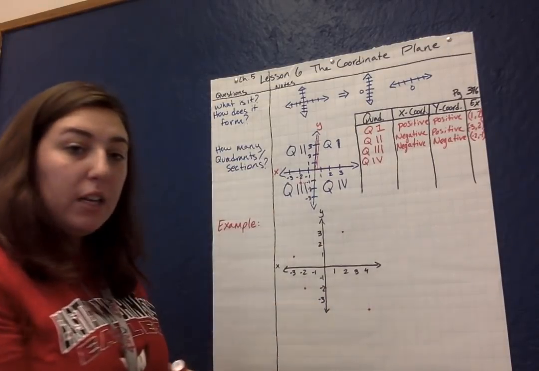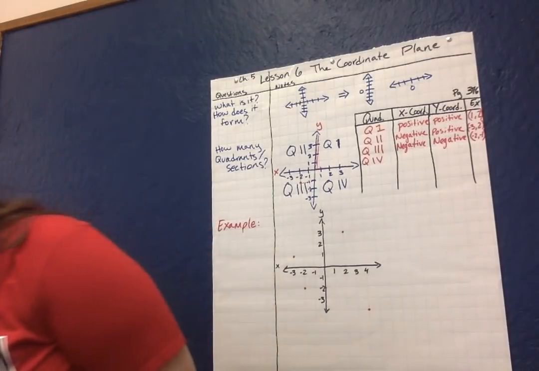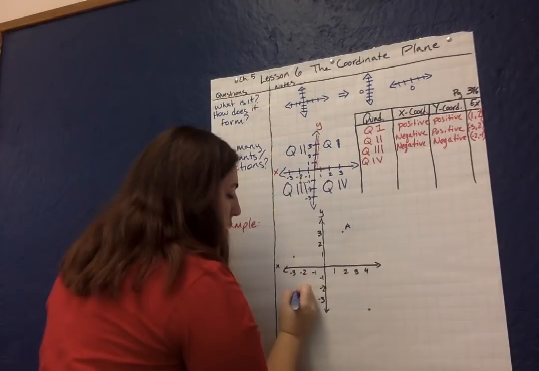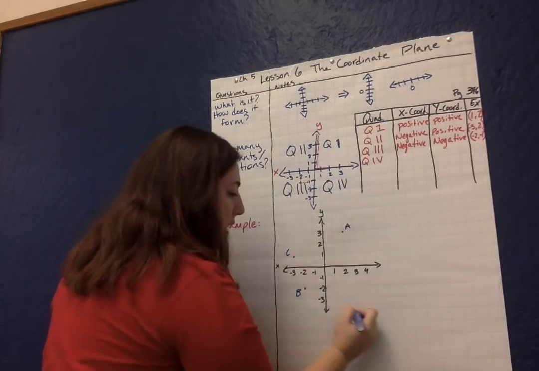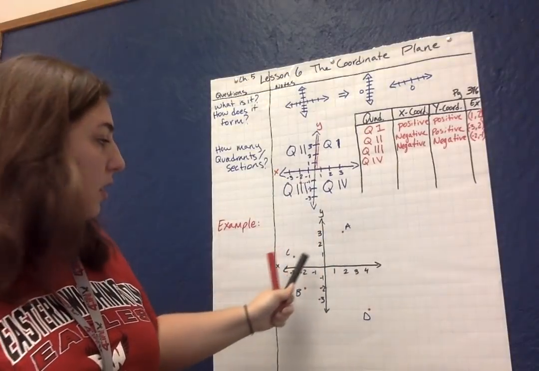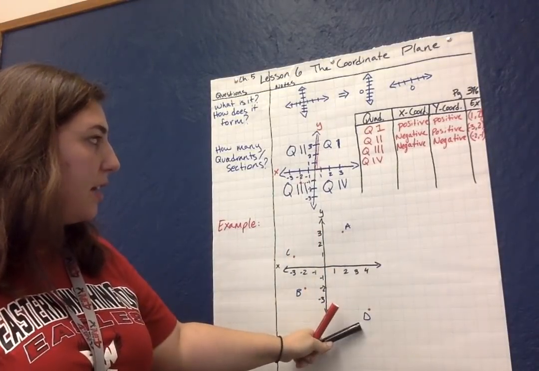Okay, and I randomly place a few dots on our number line. So let's call this A, B, C, and D. So this is dot A, dot C, dot B, and dot D.